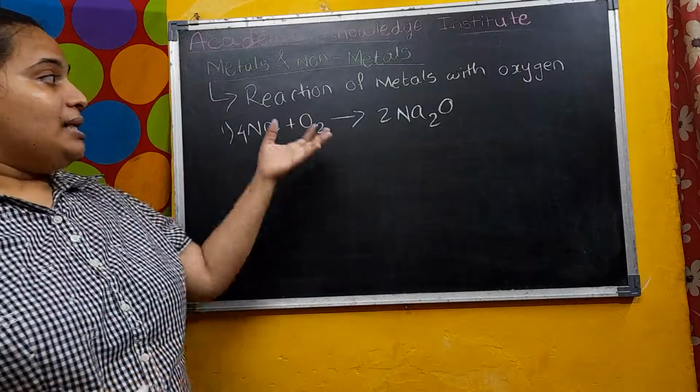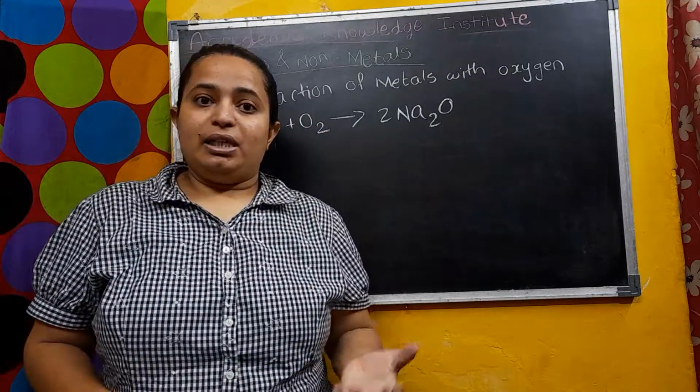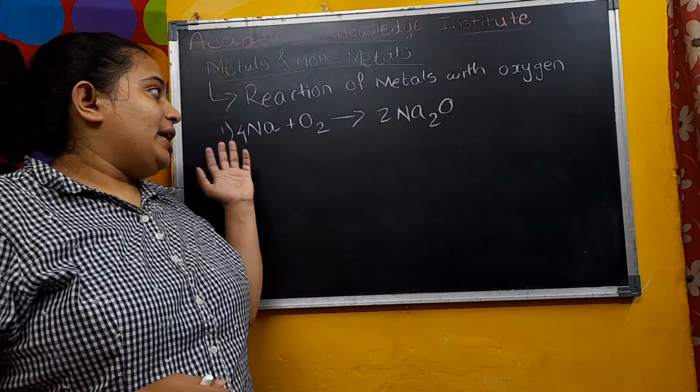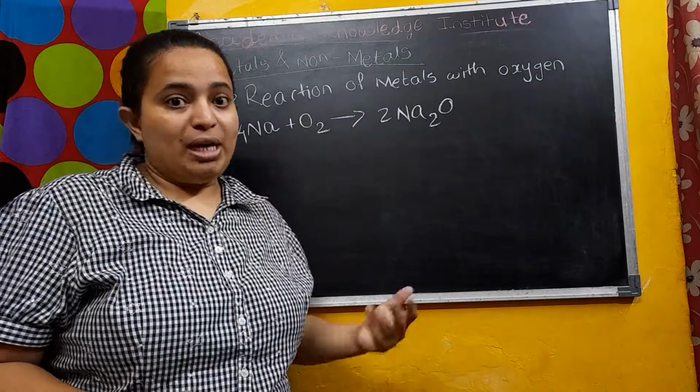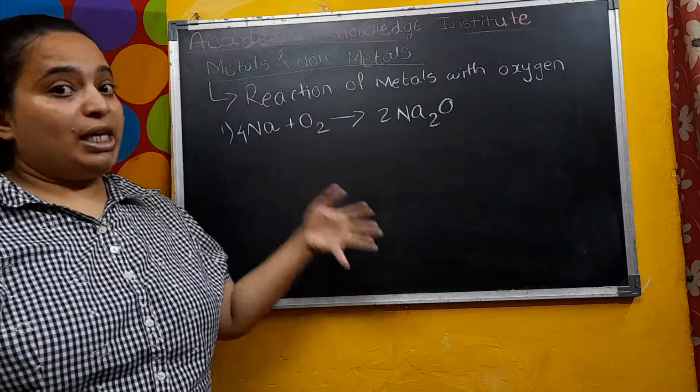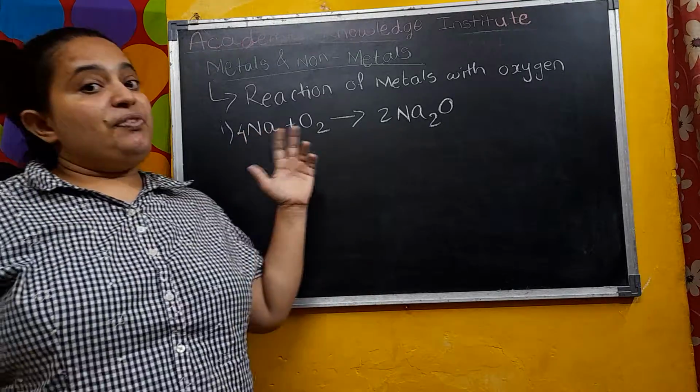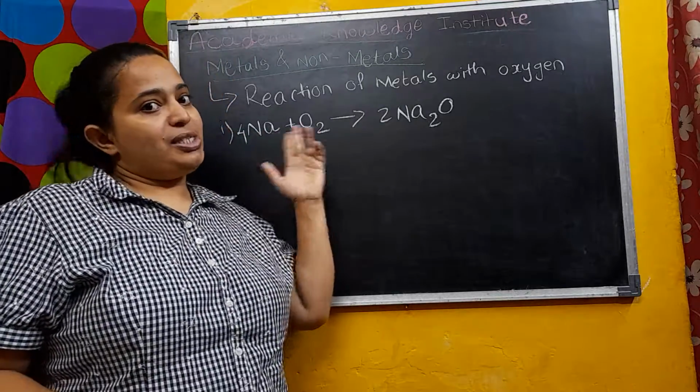You have already learned why we don't keep sodium in normal air and why we keep it in kerosene: because sodium is very reactive. Why is it so reactive? Because it's an alkali metal.